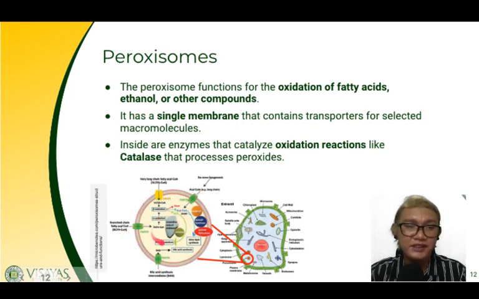Inside the peroxisomes are enzymes that catalyze oxidation reactions, like catalase, that will convert reactive oxygen species, or the toxic form of oxygen, into non-toxic ones. So these catalases are what we call antioxidants, together with some peroxidases.